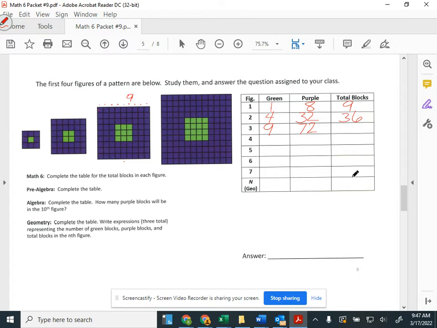Then I count down. 1, 2, 3, 4, 5, 6, 7, 8, 9. 9 times 9 is 81. And I subtracted out my green. 81 minus 9 gave me the 72. It was a lot easier than trying to count every single square, because then you get lost. Your eyes kind of go squirrely on you.